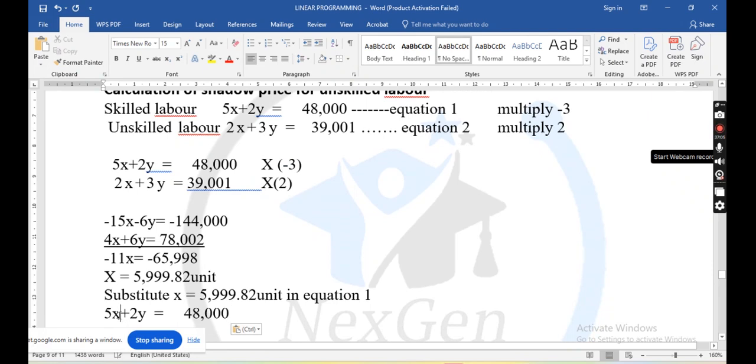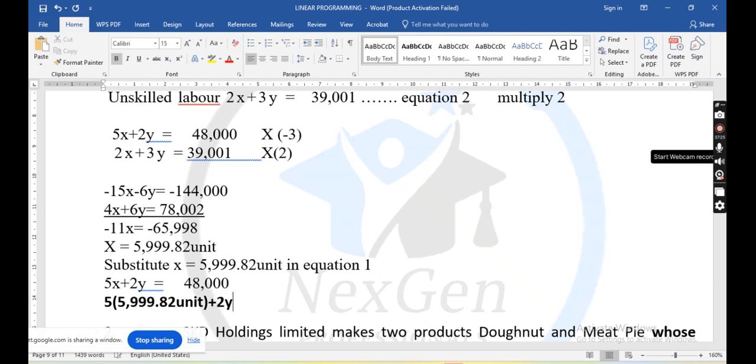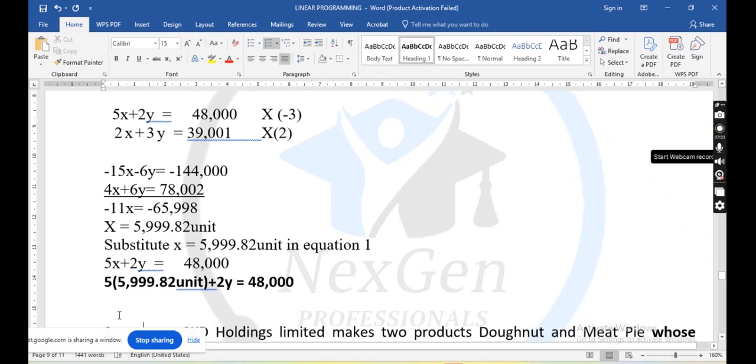So anywhere you see x, you put the figure 5999.82 units. You close the bracket plus 2y equals 48,000.